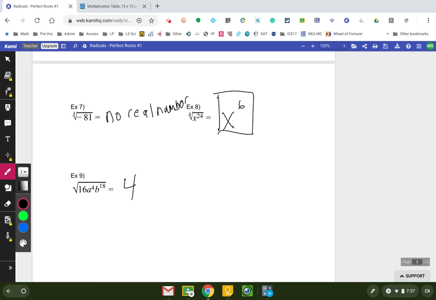And then just like before, when there's no number outside of here, I'm going to divide each of these exponents by 2. So I'm going to get a squared b to the 9th. That's some terrible handwriting. Let me rewrite that. A squared b to the 9th. All right, because I just divided those by 2. And right there is your answer.